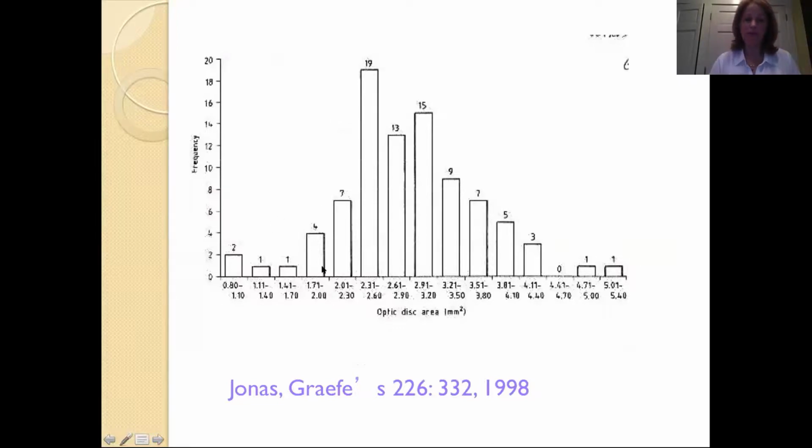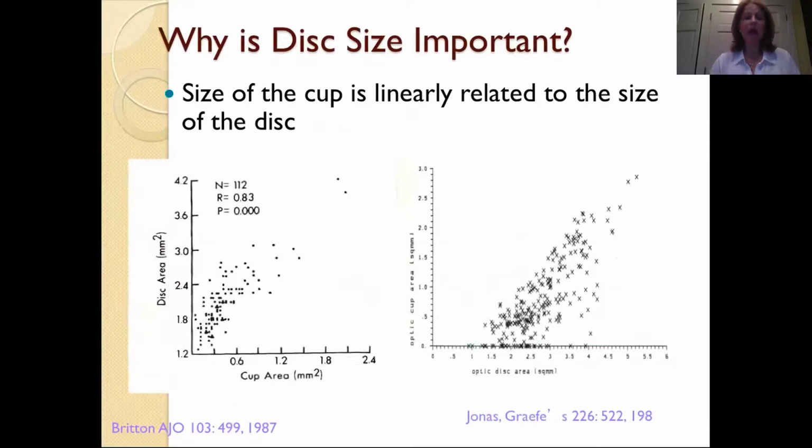Most people will have an average size optic nerve by definition, but the variability is extensive, and you can see there can be 5 times difference in the size of the outliers of the optic nerve size. And the size of the cup of the eye is directly proportional to the size of the disc. And this has been repeated in numerous studies, and you can just see 2 of those plots here. So the larger the disc, the larger the cup can be and be normal.